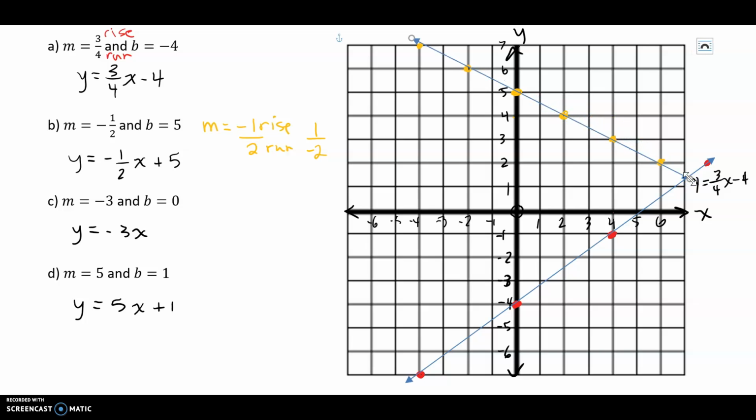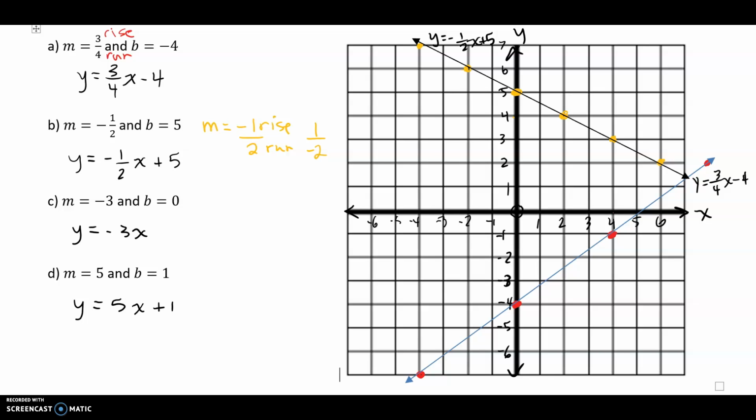Okay, going through the points, and let's just change the color so it's a different color, and then we'll write the equation next to it. So that's going to be y equals negative 1/2 x plus 5. Okay, looks good. Let's try our next one.